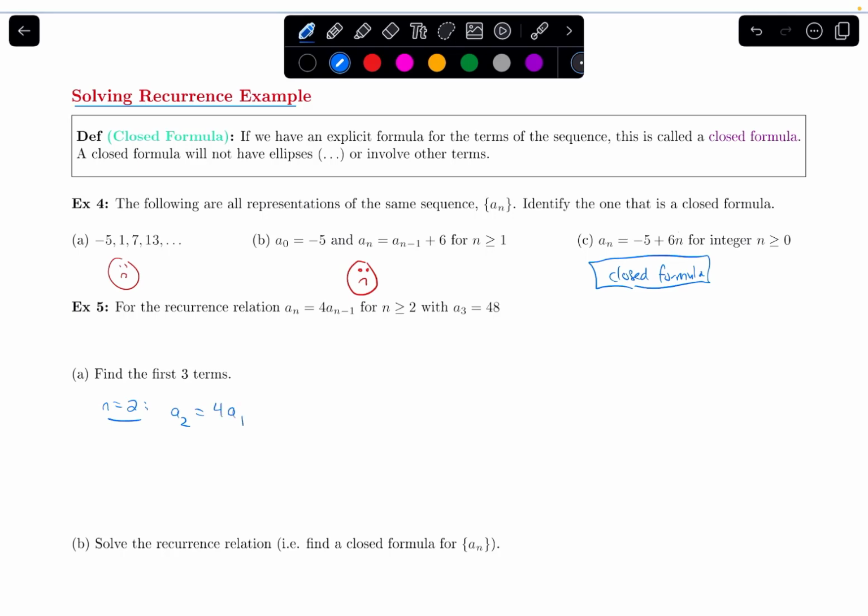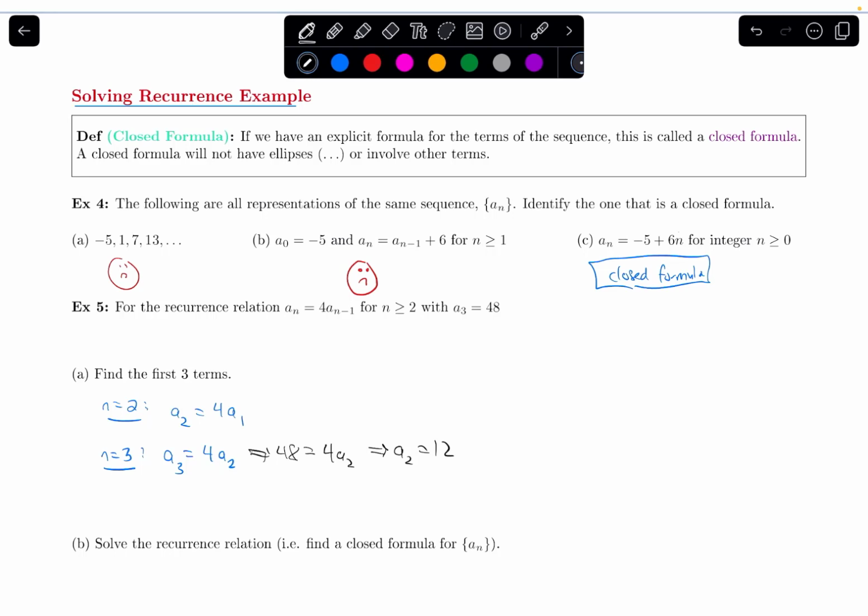Well, I don't know what a2 or a1 are. I just know a3. So maybe let's try plugging in n equals 3. That'll give me a3 equals 4 times a2. And I do know a3, so I get 48 equals 4 times a2. So I can divide, and I get that a2 equals 12.